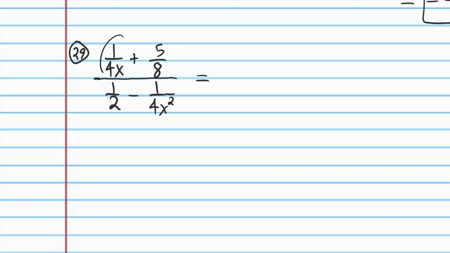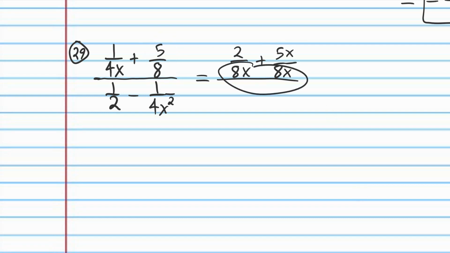So I'm going to multiply both sides of this fraction by 2 to get 2 over 8x. And I'm going to multiply both sides of this fraction by x to get 5x over 8x. Now we have a common denominator.